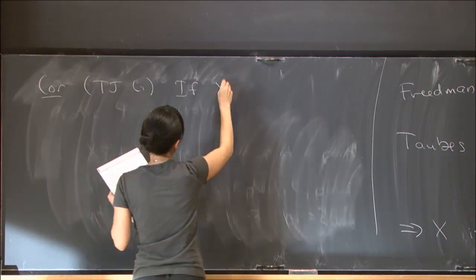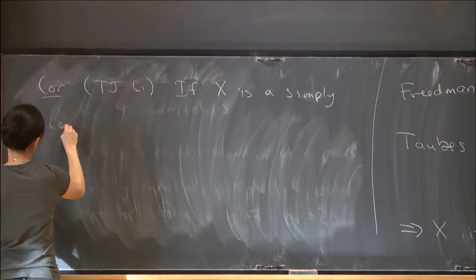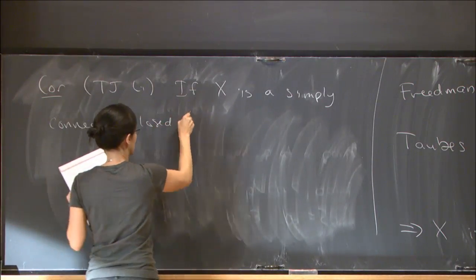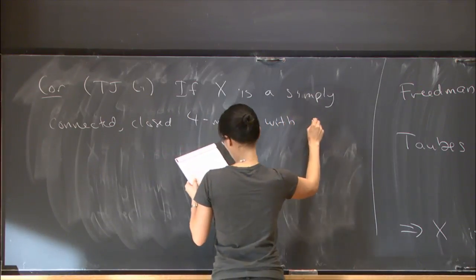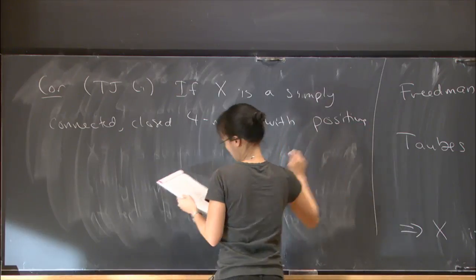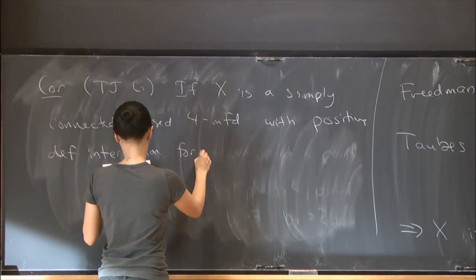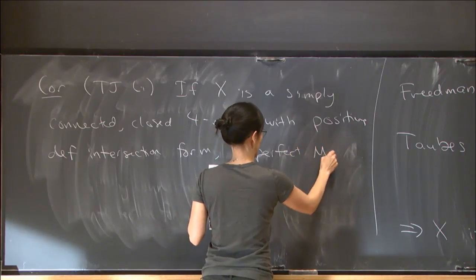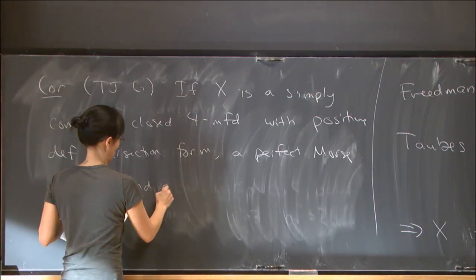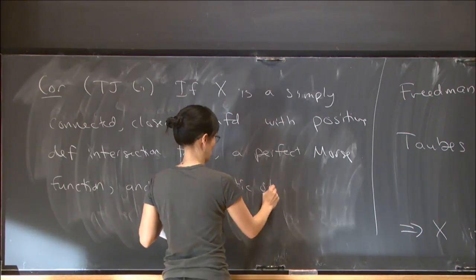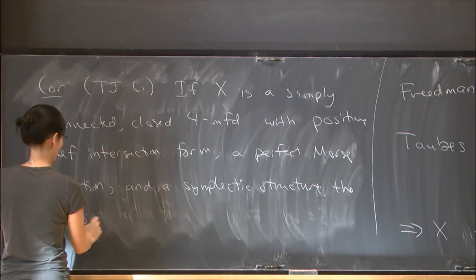If X is a simply connected closed four-manifold with positive definite intersection form, a perfect Morse function, and a symplectic structure, then X is in fact diffeomorphic to CP2.